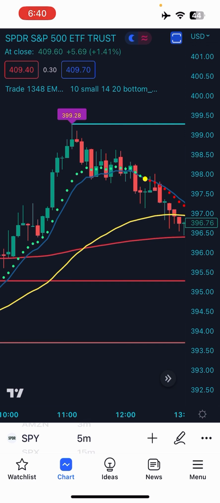So from now we have EMAs. What are EMAs? Exponential moving averages that act as support and resistance and can give you a clear view of when and how to trade.